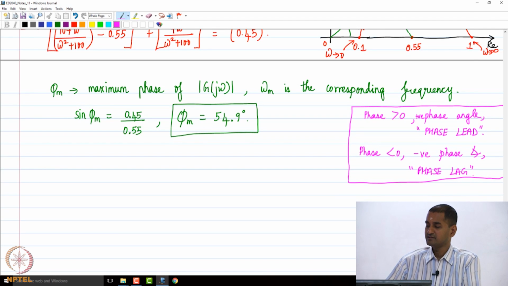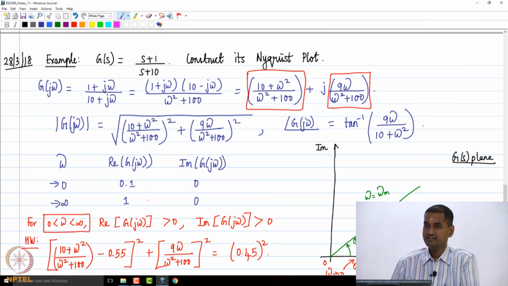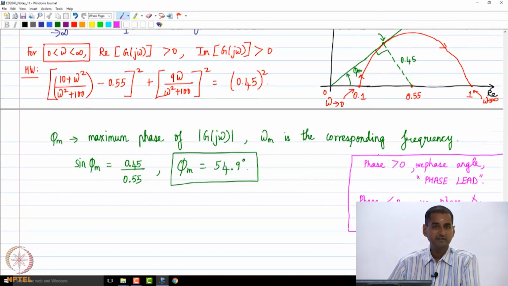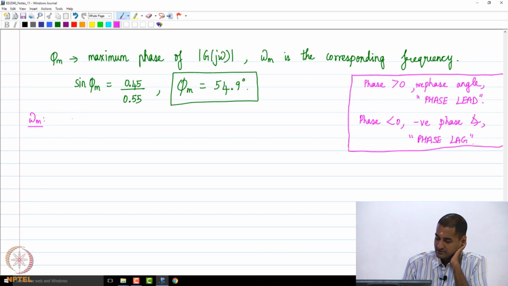Of course, there is the equation for the phase angle, and you plug it in and calculate omega m. You know tan phi m is going to be 9 omega m divided by 10 plus omega m square. So for finding omega m, tan phi m equals 9 omega m divided by 10 plus omega m square.